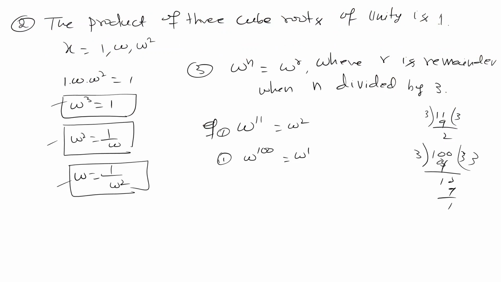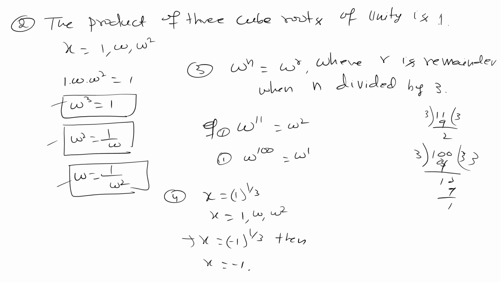Now there is another property, the fourth property, that is the cube root of minus 1. Because we know that x to the power 1 by 3, what is it? x is equal to 1, omega, and omega square. Similarly, if we have minus 1 to the power 1 by 3, then we can write x is equal to minus 1, minus omega, and minus omega square.